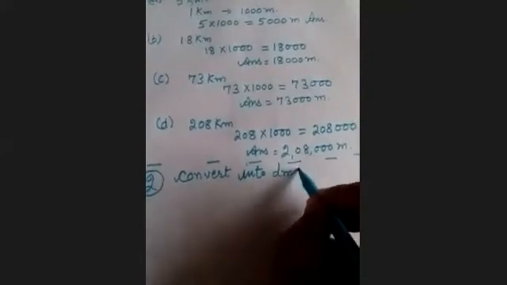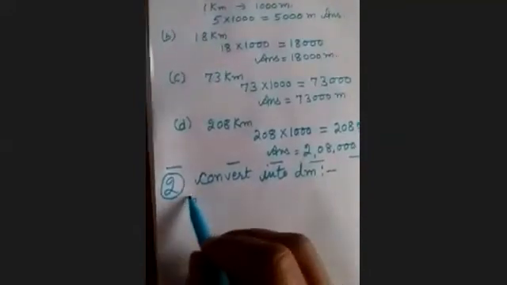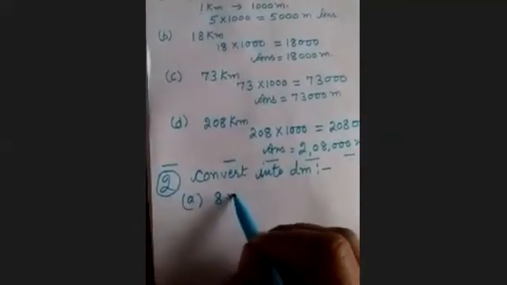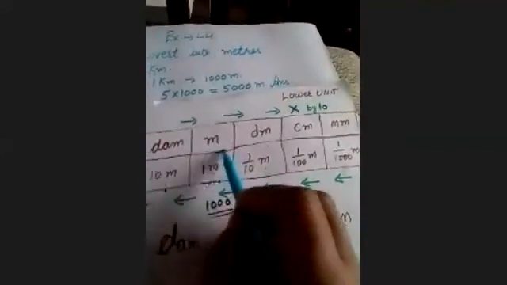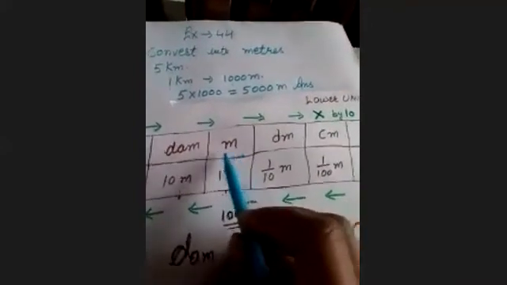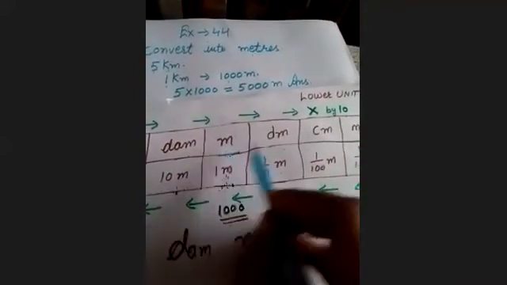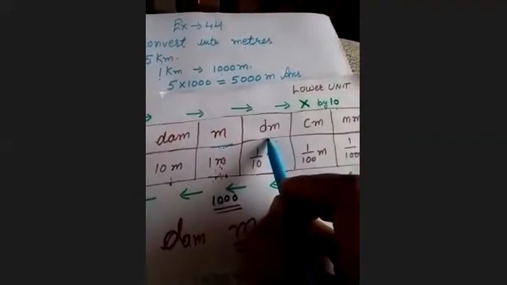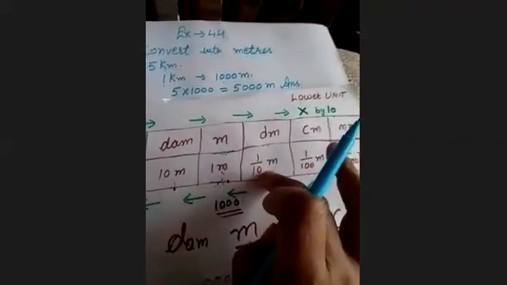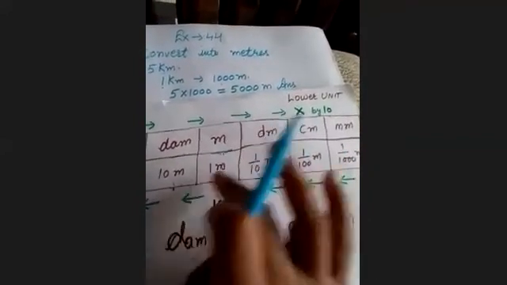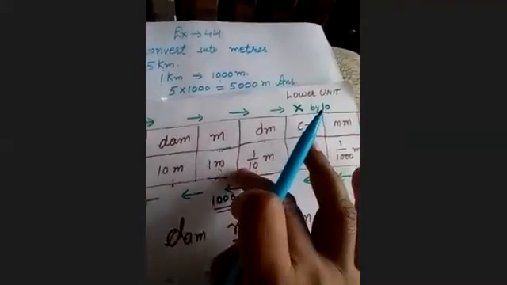Short form is DM. So first question is part A, 8 meter. Yes, students. Now we are converting meter into decimeter. Now observe this table. Now count. We have one step, one box. So to convert meter into decimeter, we will multiply by 10.